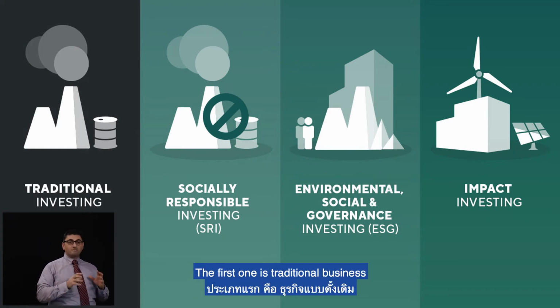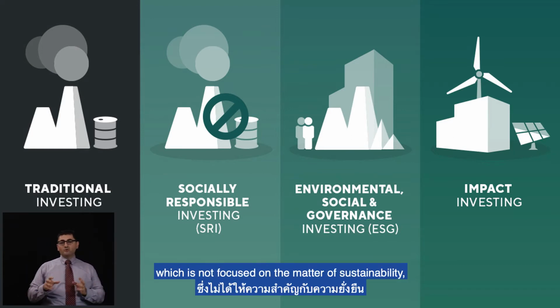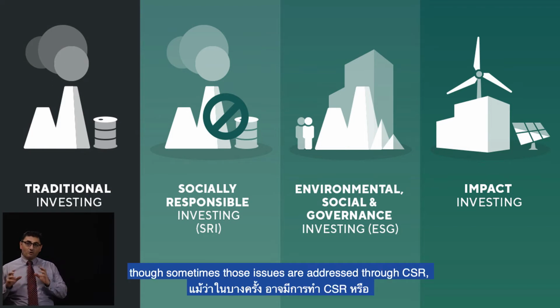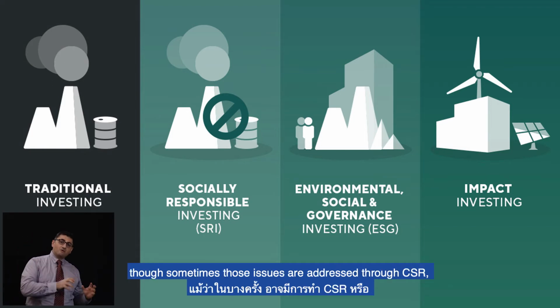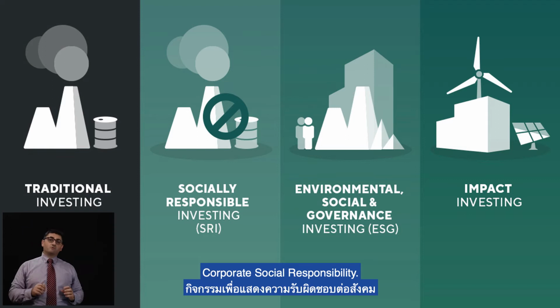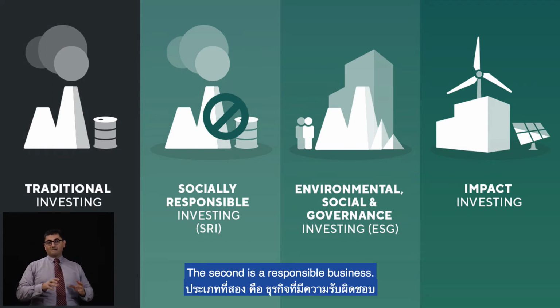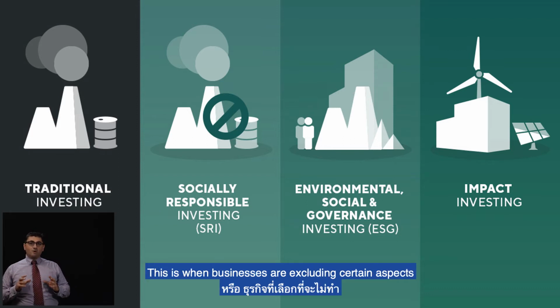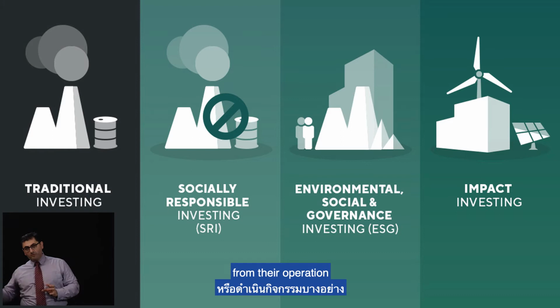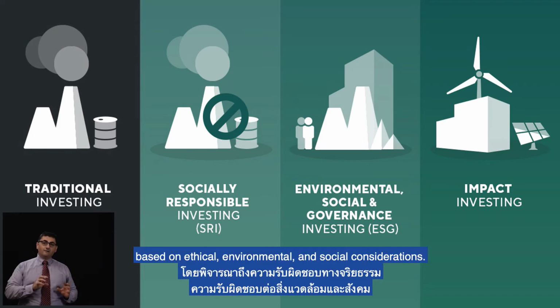The first one is traditional business, which is not focused on matters of sustainability, though sometimes those issues are addressed through CSR, corporate social responsibility. The second is responsible business. This is when businesses exclude certain aspects from their operations based on ethical, environmental and social considerations.